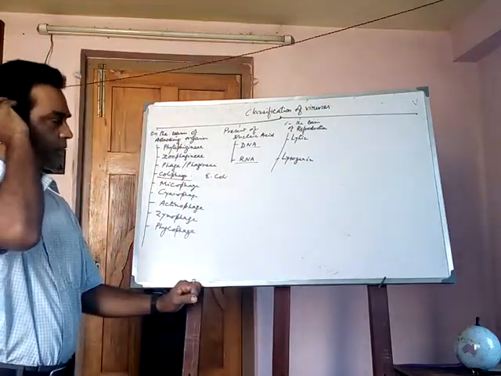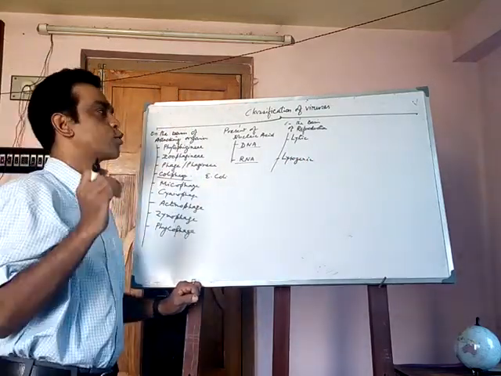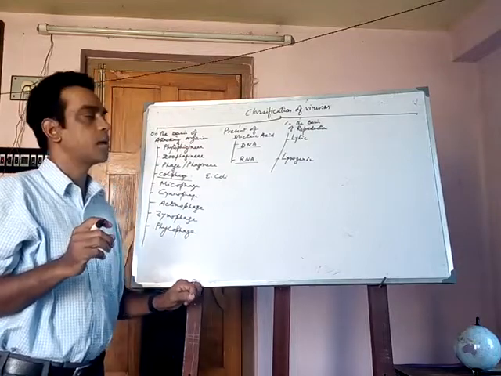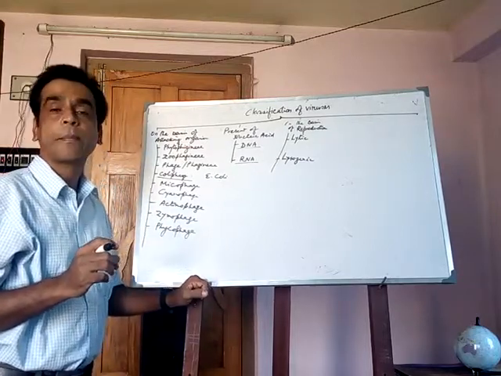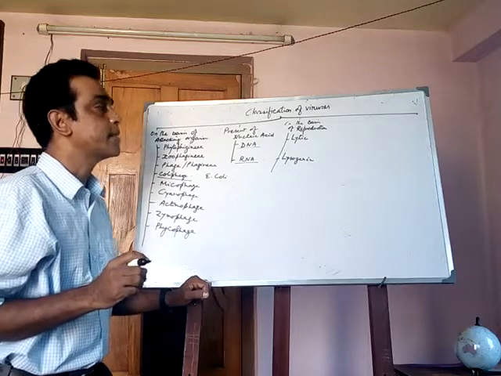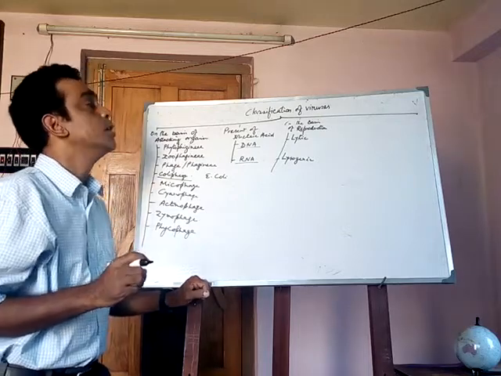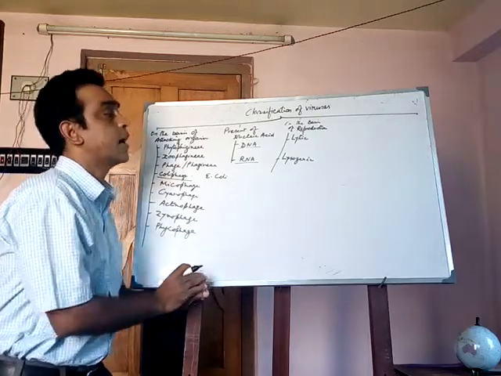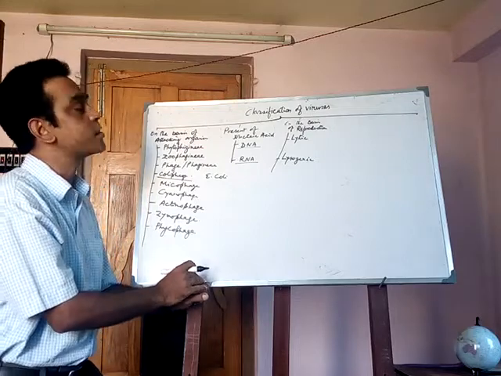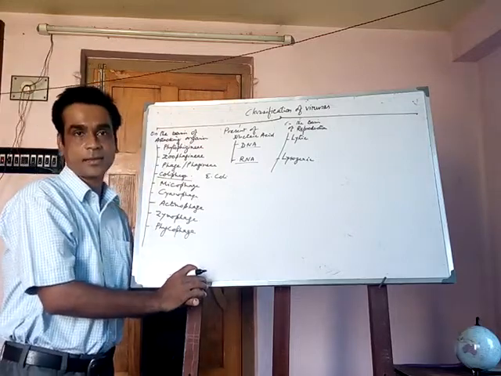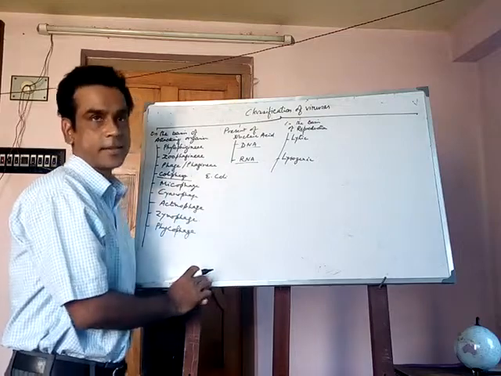Those types of viruses that show the lytic cycle in their reproduction are lytic viruses, that is T-series viruses. Those that show the lysogenic cycle and make the prophage are called lysogenic, that is lambda viruses.